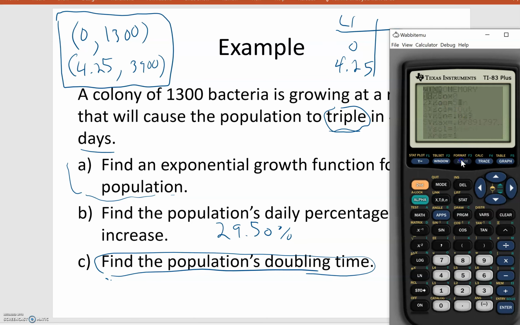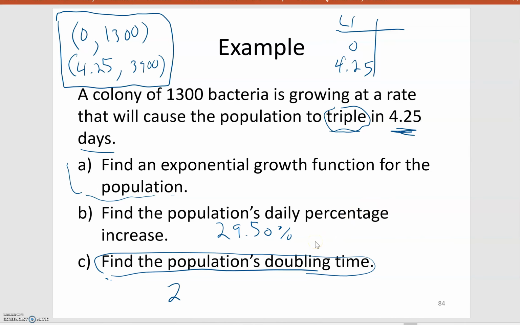So let's now do zoom fit. And we can find our intersection. And that is 2.68 days.